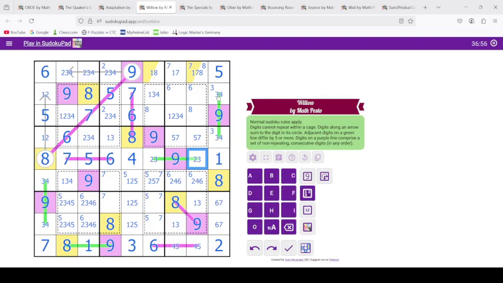That were a 3. That'd be an 8. That'd be a 1. That'd be a 1. As well as that. Yeah, this is just bifurcation at this point.